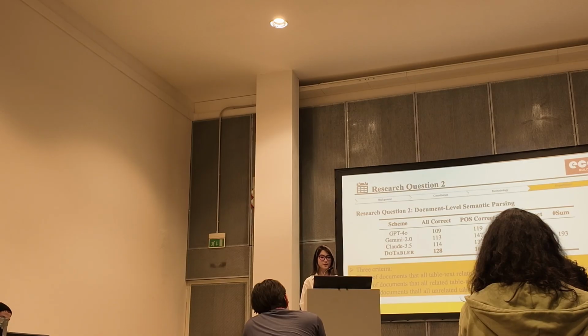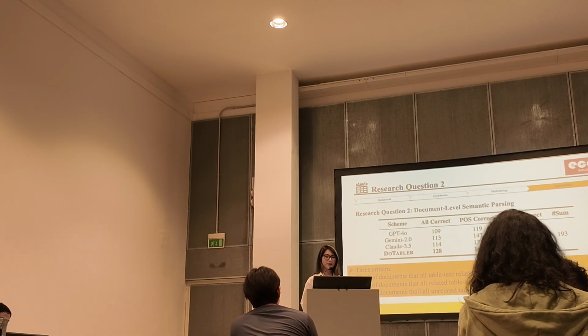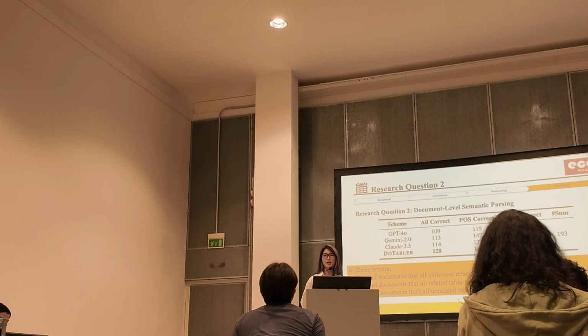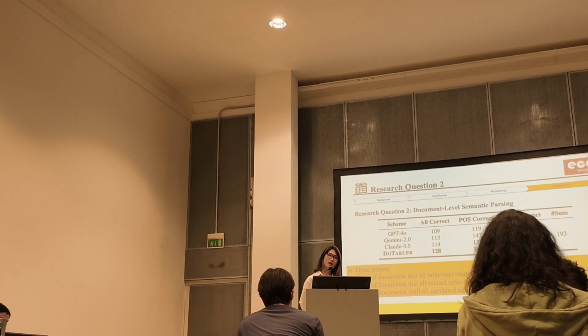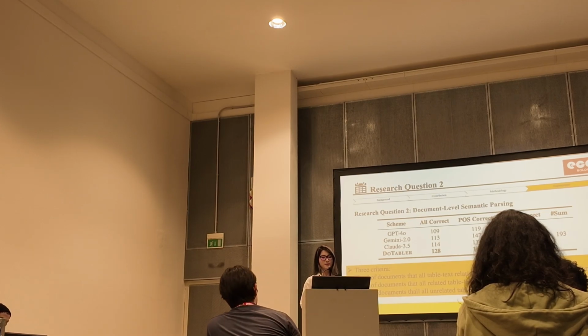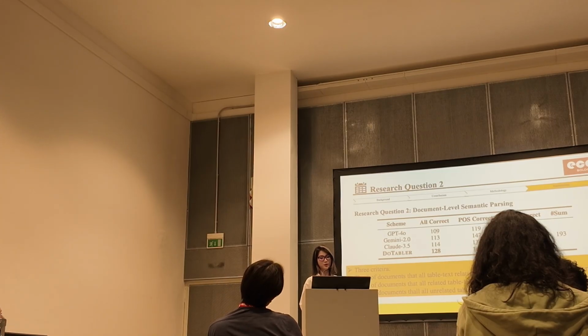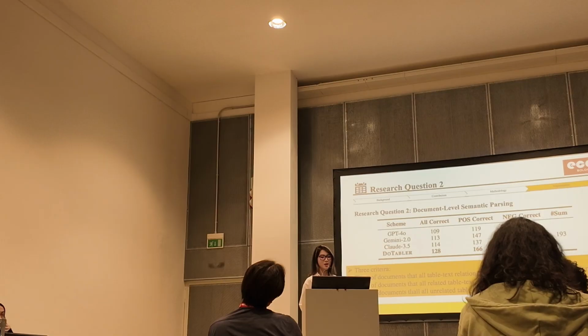For research question 2, we conducted a document-level analysis of TTM's performance from a table-centric perspective. In our test set, each document contains multiple table and text blocks, which may be either related or unrelated. We evaluate the performance using 3 criteria. Firstly, the number of documents where all the table-text relationships are correctly identified.